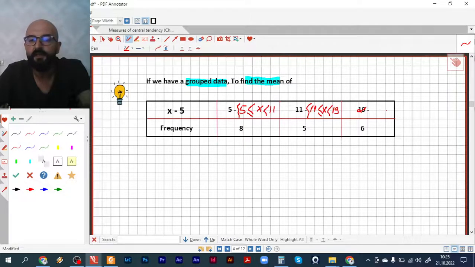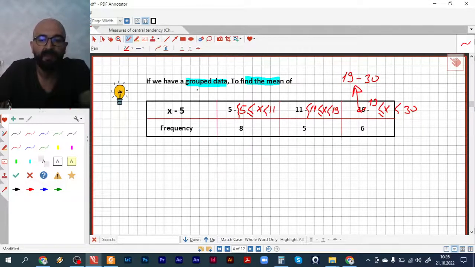This means x greater than or equal to 19, less than, for example, 30, because the last class should be 19 to, for example, 30.